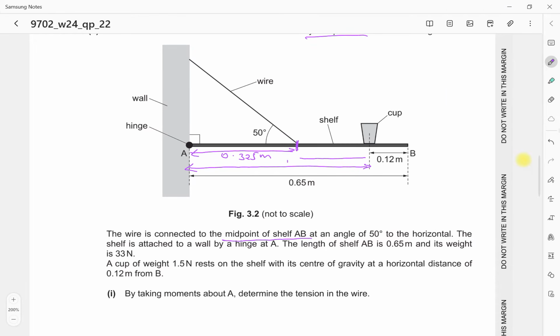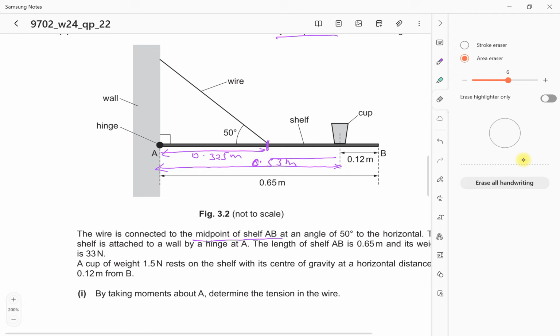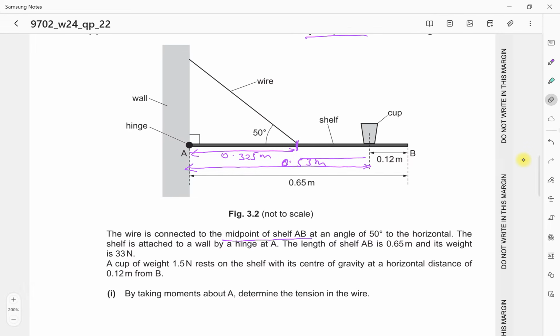The distance is 0.53 meters. I need to rub something here. This distance is 0.53 meters.